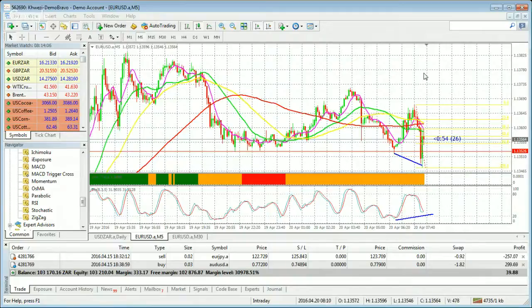A lot of movement this morning, which is nice to see. Just a bit erratic at this point. We'll give it time.